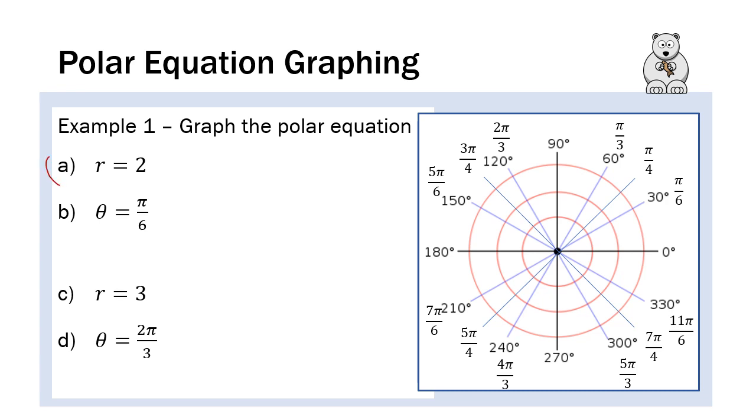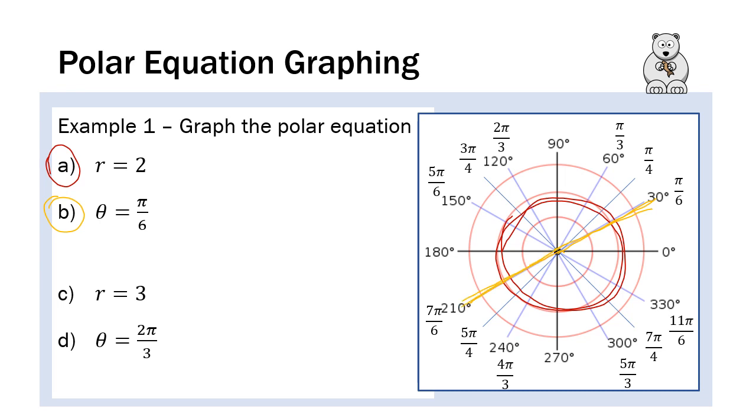The first one is when r equals 2, so the radius of a circle that equals 2. Radius equals 2, there it is, 1, 2. Then we have when theta equals pi over 6, it's just that pi over 6 line. The positive is going towards the pi over 6, and the negative is going away from it.